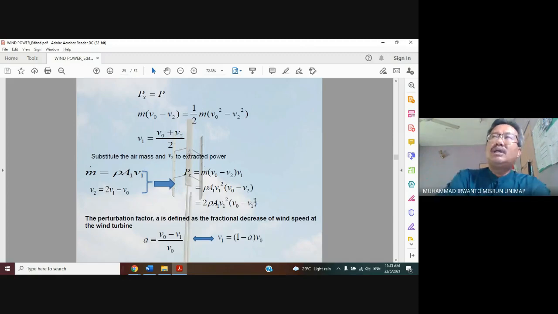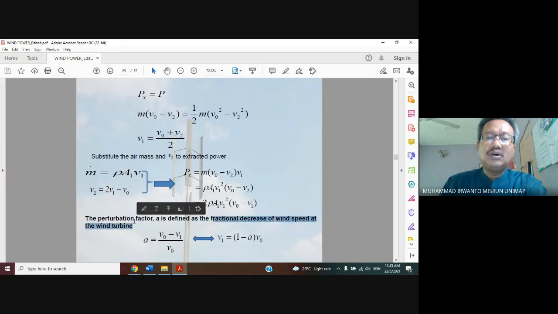Okay, and then in this case we understand about the perturbation factor. Perturbation factor A is defined as the fractional decrease of wind speed at the wind turbine.